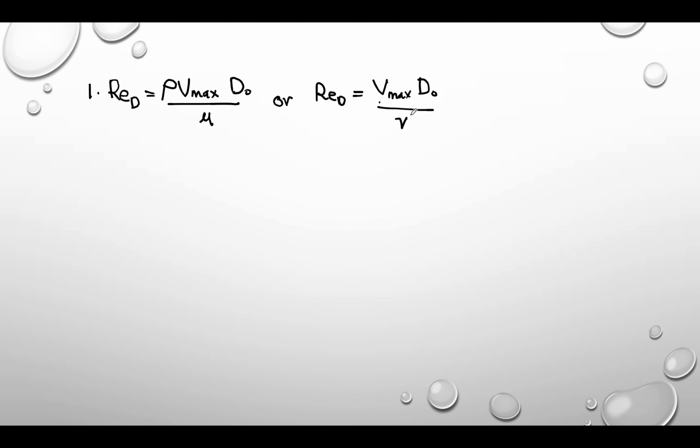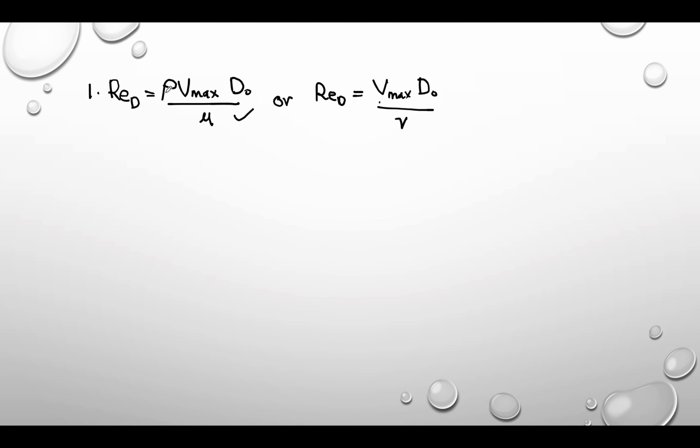It depends on you which of these equations suits you well. From this equation, I will use the Reynolds number, rho V max D outer divided by mu, because I already have all this information.